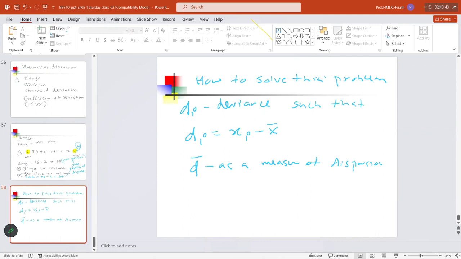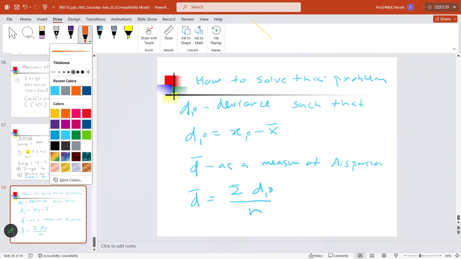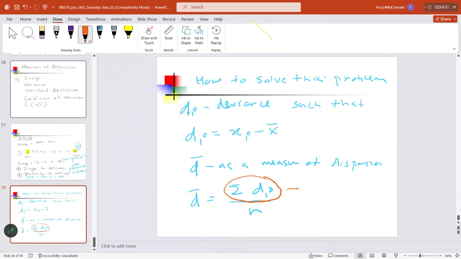But d bar is summation di divided by n. But the problem was this becomes 0.